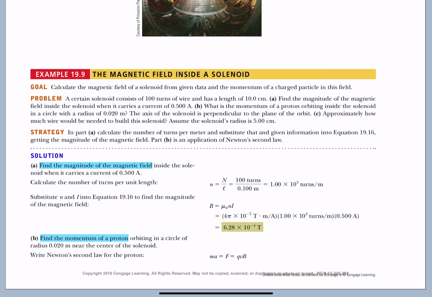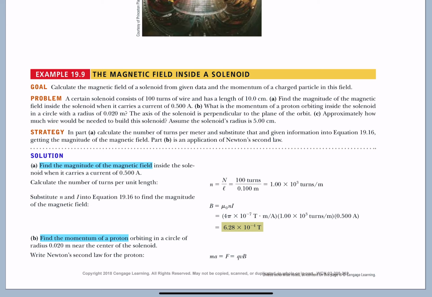Looking at example 19.9, part A says, find the magnitude of the magnetic field. Well, in order to use the equation that says B equals the permeability of free space times lowercase n times I, you have to find the value of n.